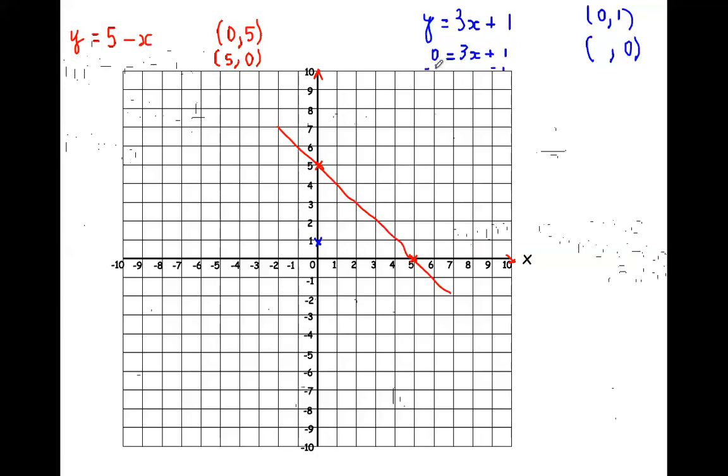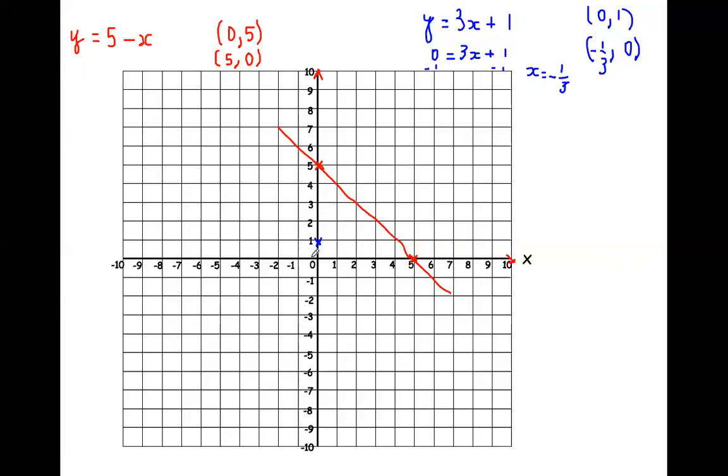That means 3x equal minus 1, or x equal minus 1 over 3. So this is not going to be an easy one to do. So minus 1 over 3 and 0. So there is minus 1. So I need to divide that by 3.